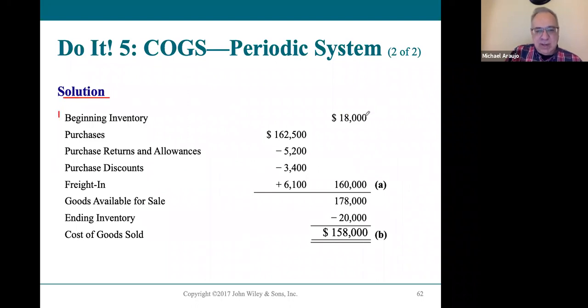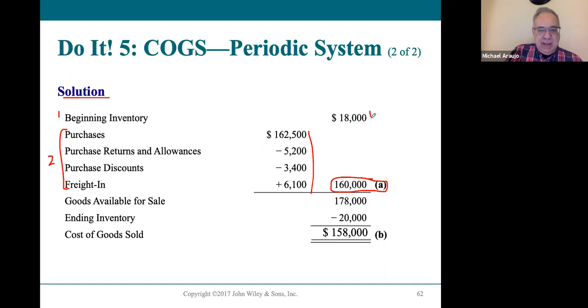Beginning inventory is stated first. All your purchase information is next: purchases minus returns minus discounts plus freight. So all your purchases, to answer part A, is $160,000. That's all these numbers combined.